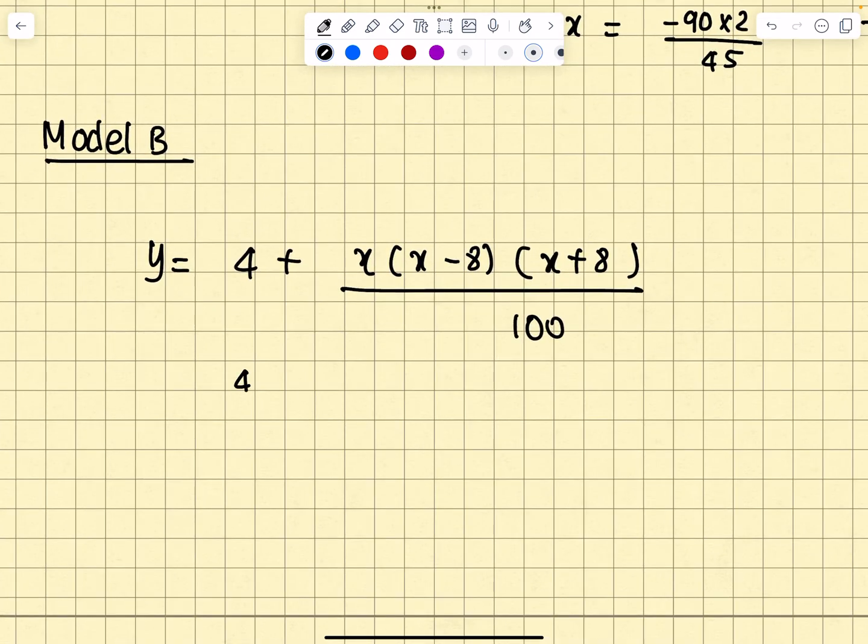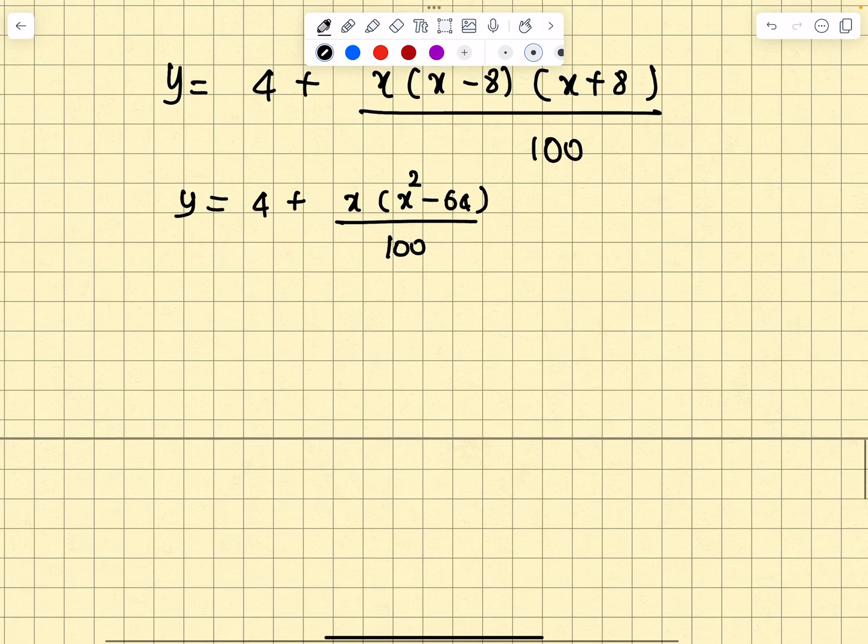That's 4 plus x times x squared minus 64 over 100. Before differentiating, I'm going to open the brackets: 4 plus 1 over 100 x cubed minus 64 x over 100.